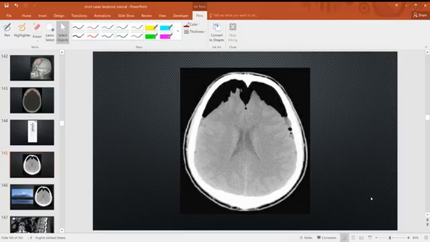What do you see in this CT scan? If you can, also write the radiological sign on this CT scan. What is the radiological sign, and what is the diagnosis?